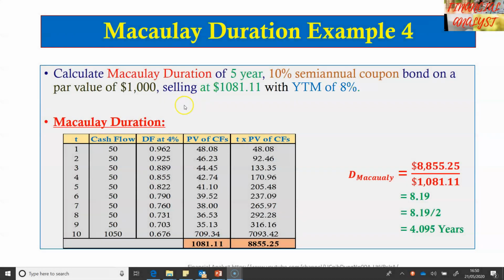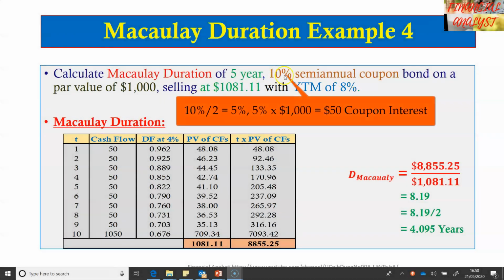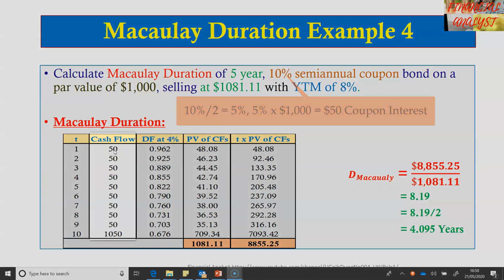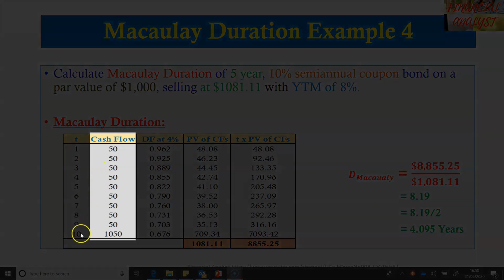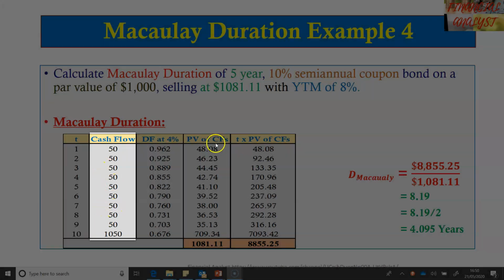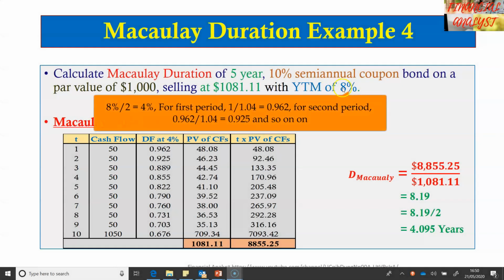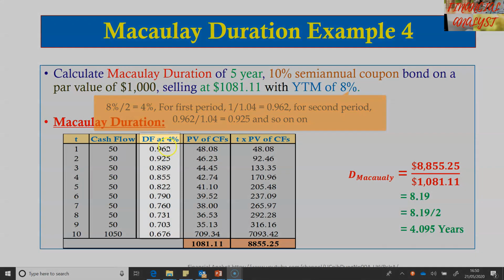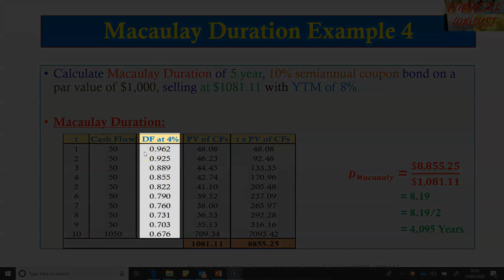We have to divide the 10% coupon by 2 to get 5% as the semi-annual coupon, and that means that there will be a $50 interest payment every 6 months for 10 periods, that is 5 years now. Similarly, we have to divide the YTM of 8% by 2 to get the discount factor at 4% for the 6 months periodic interest payment.